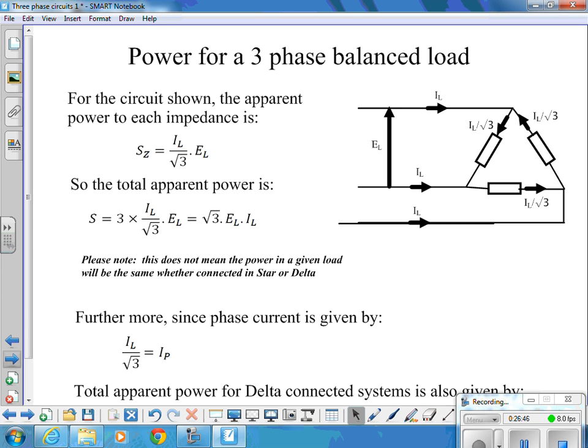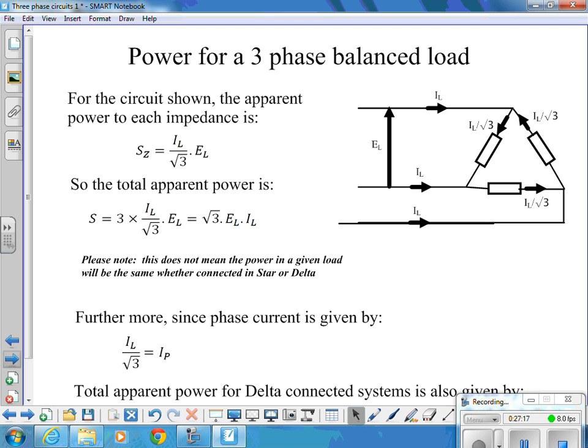Please be warned, just because those two formulas are the same doesn't mean the power is the same in a star or a delta connected load for the same given impedance values, because it won't be. Taking the same load, same motor, and connecting it up in delta instead of star means that the currents will be different, so there will be a difference.